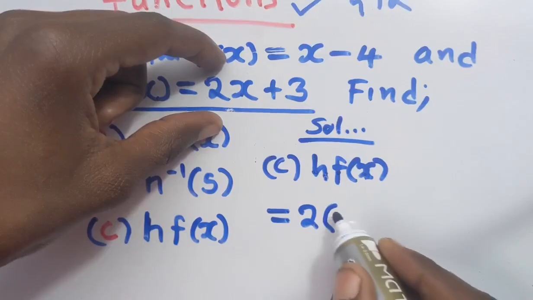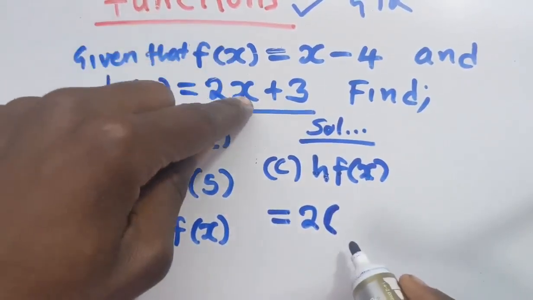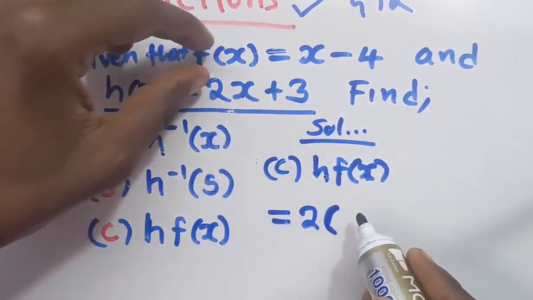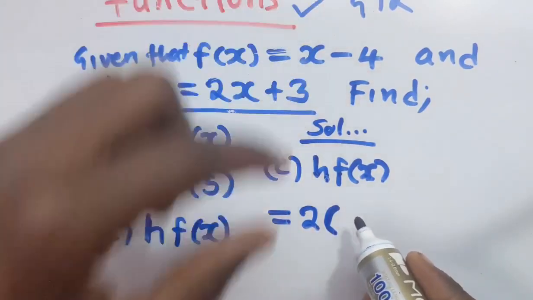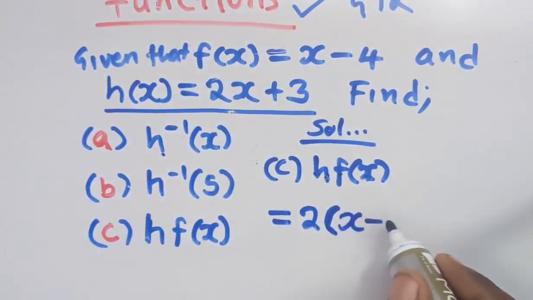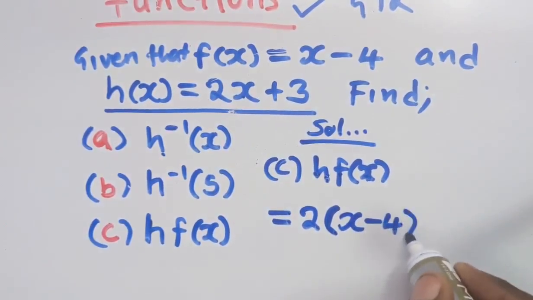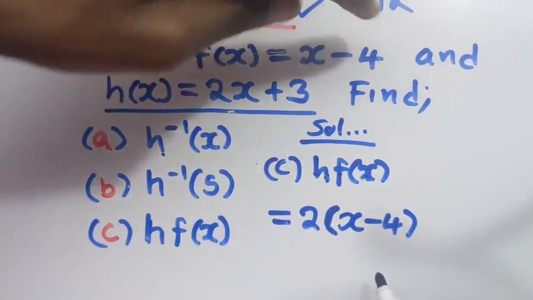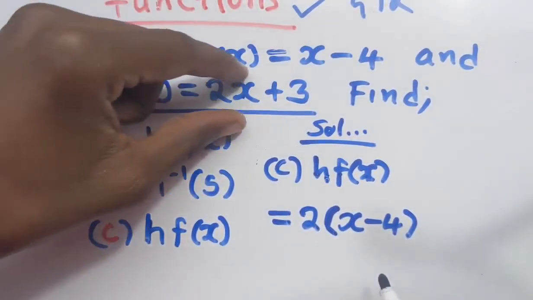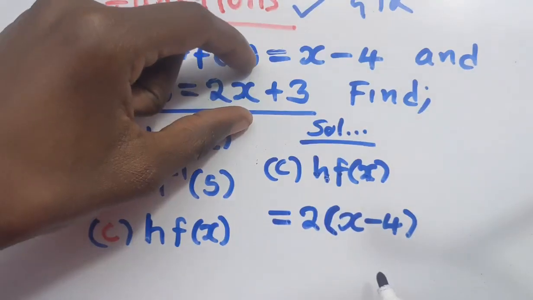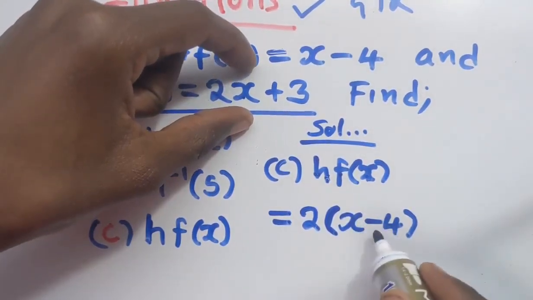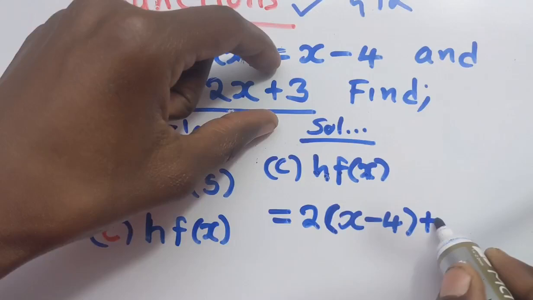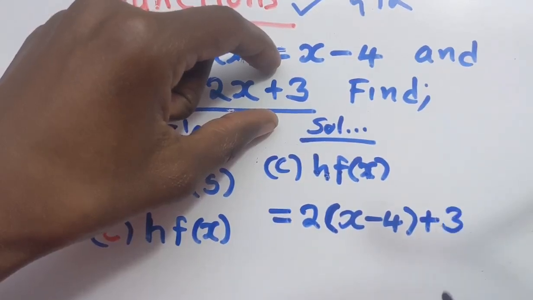So now we are going to say, open bracket, where there is x, we are going to put the function of f of x, which is x minus 4, and it ends there. Then we continue with plus 3.